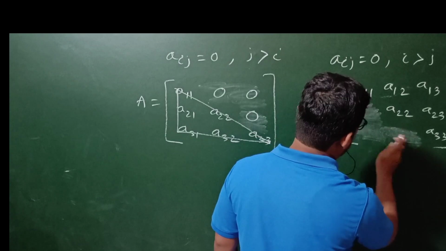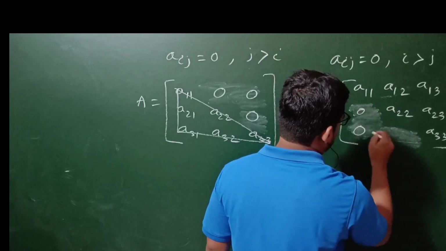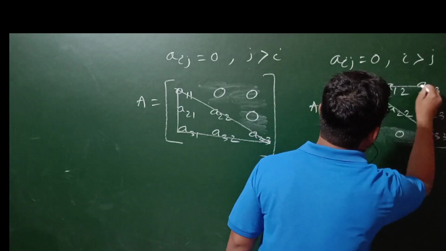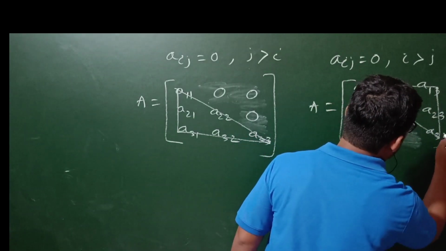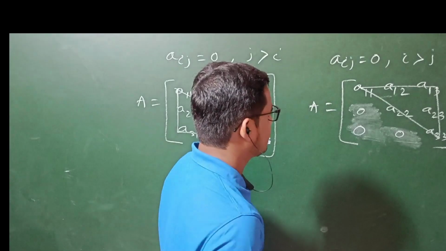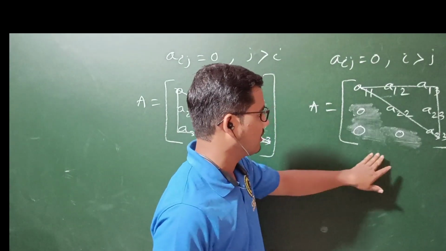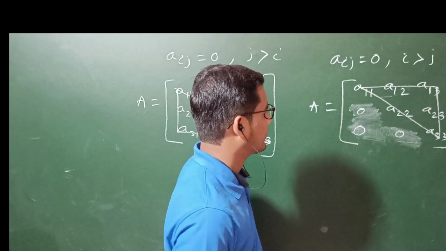So these elements are 0, and all other elements are non-zero. So this is called an upper triangular matrix. This is an upper triangle, so the matrix will be called upper triangular matrix.